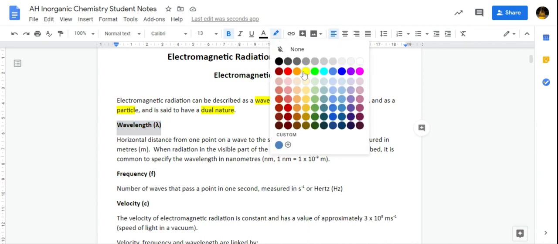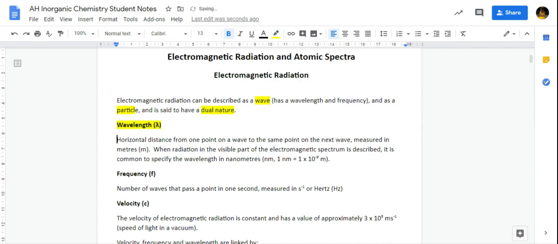The wavelength is defined as the horizontal distance from one point on a wave to the same point on the next wave, and it's measured in meters.